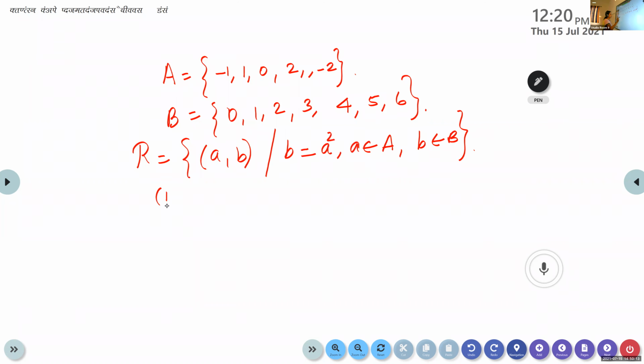Okay, so first one, represent R in roster form.